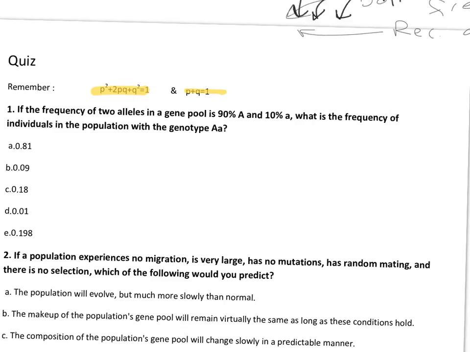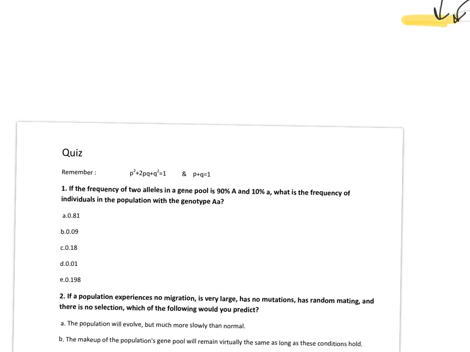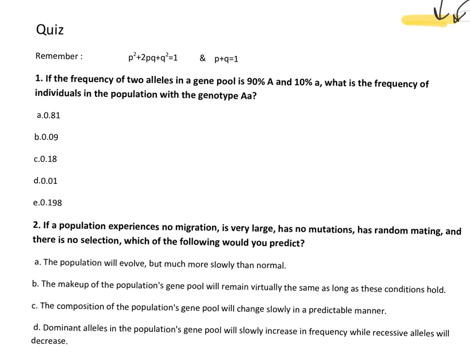All right. So let's go ahead and take a look at that. Forget about that for a minute. So when we talk about the alleles in a population, let me just go ahead and draw this as a pool, right?